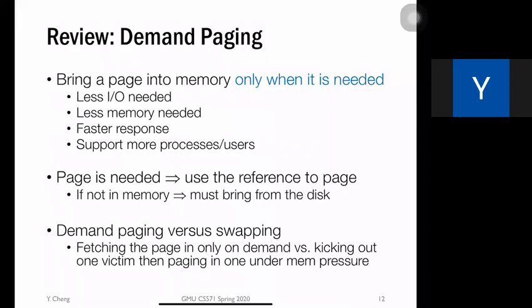Whenever the operating system is running out of memory, you evict pages from memory to the disk, and this operation is called swap out. And at the same time, bringing requested data in from secondary storage into memory is called swapping in. Okay, so this is the difference between demand paging versus swapping.